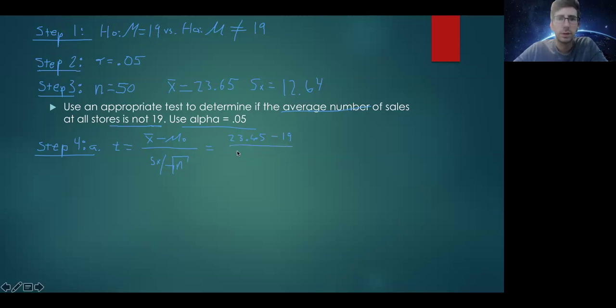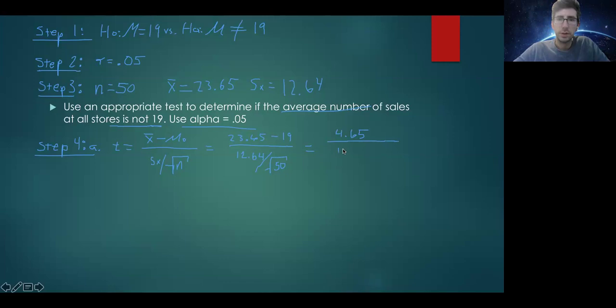And then that standard deviation was 12.64, and that can be divided by the square root of 50. So 23.65 minus 19 is going to be 4.65.